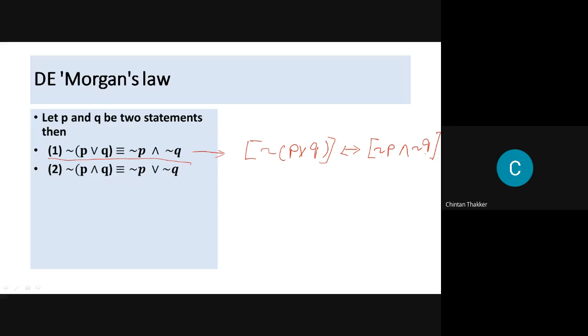So first we make the if and only if statement and then we derive the truth table, and using the truth table we prove that this is a tautology. So both statements are equivalent.